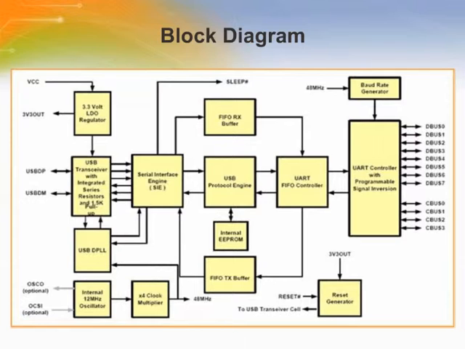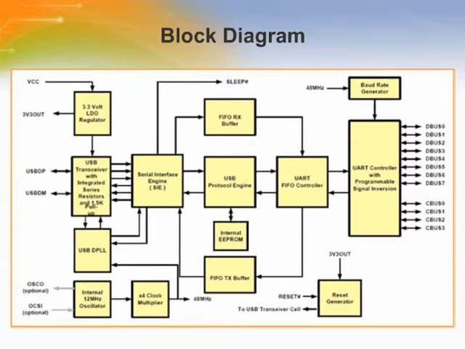The USB DPLL cell locks onto the incoming NRZI USB data and generates recovered clock and data signals for the serial interface engine block. The serial interface engine block performs the parallel to serial and serial to parallel conversions of the USB data. A 12 MHz reference clock can be generated by the internal oscillator. The reference clock can be further multiplied or divided using the clock multiplier or divider block.